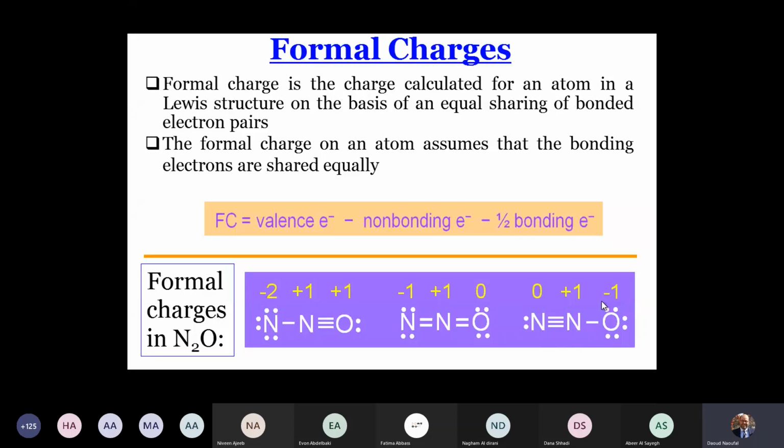What did we do? First, we write all possible structures for N2O. Second, in each structure, we calculated the formal charge of all atoms involved. Now, comparing the formal charges, we can know which is the best. What are the rules to follow?